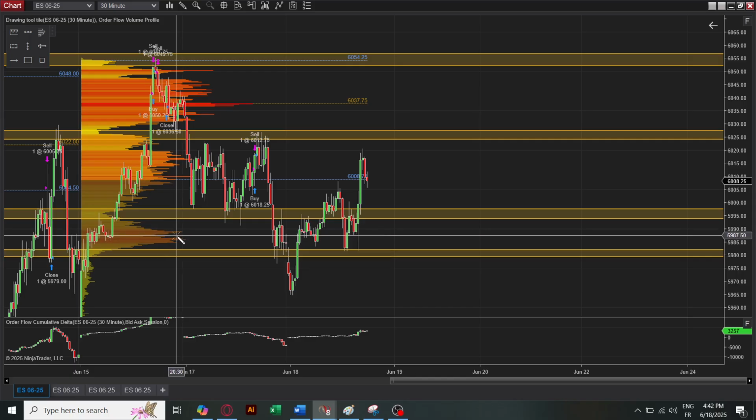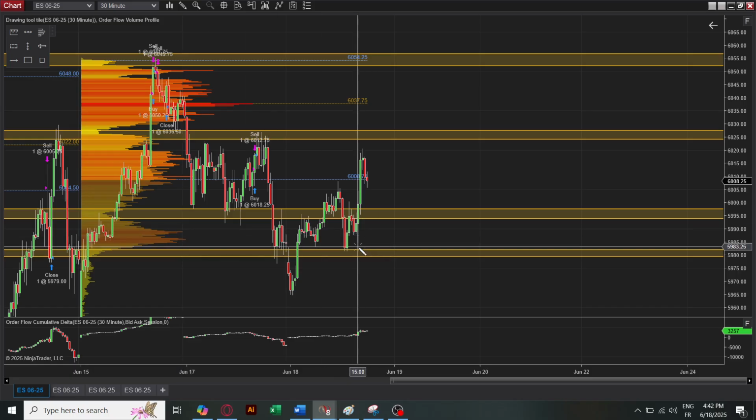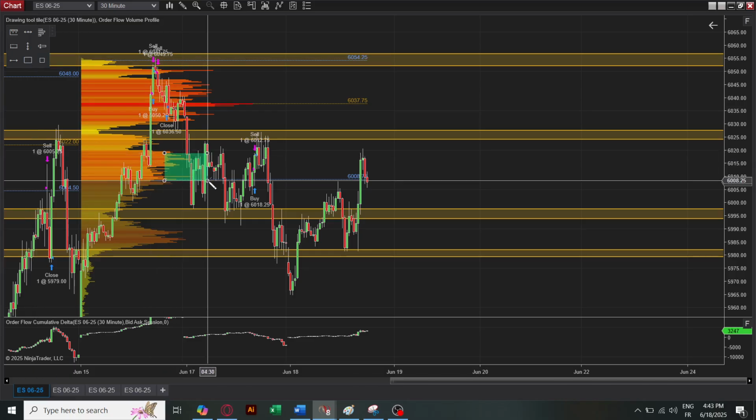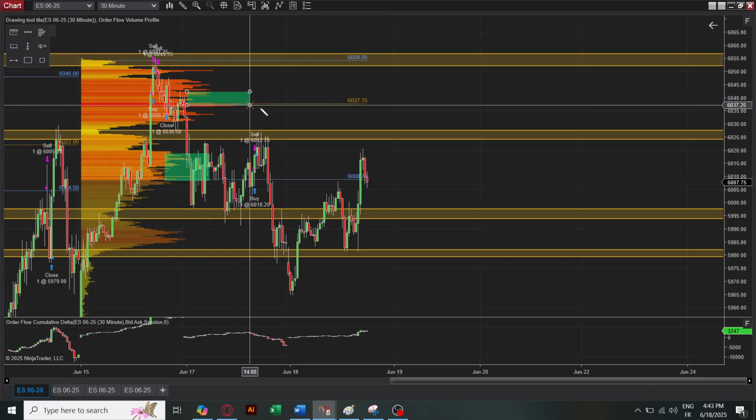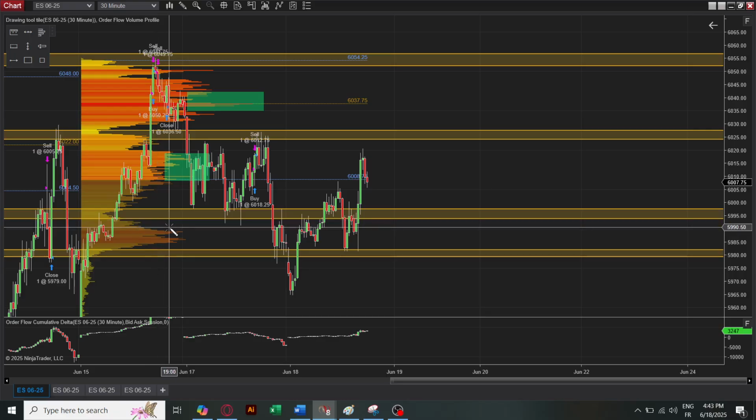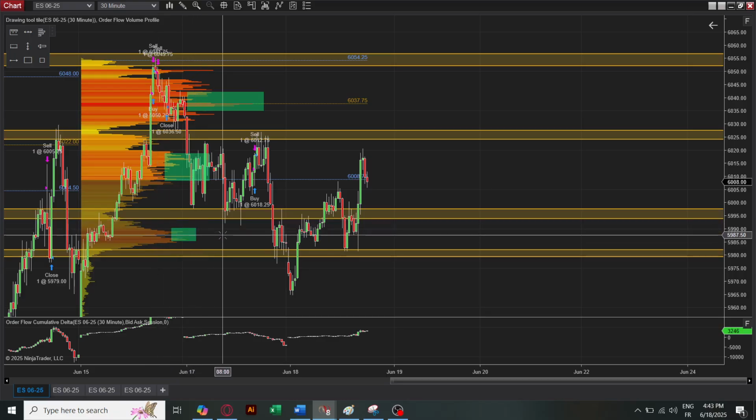And let me tell you something, institutions are consistently looking for liquidity. So if price comes to those areas, then the next target will be those high volume nodes or those tops. Why?